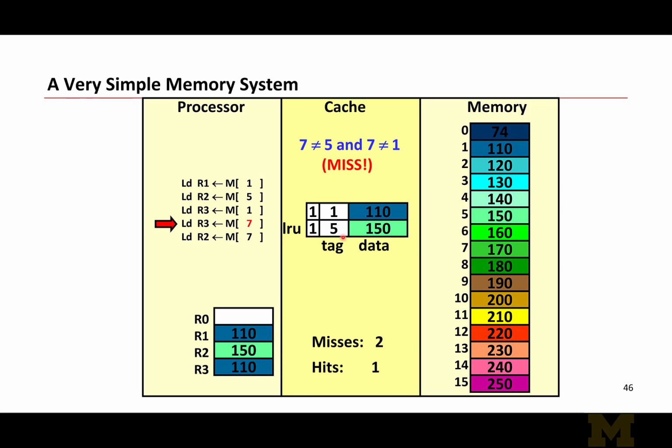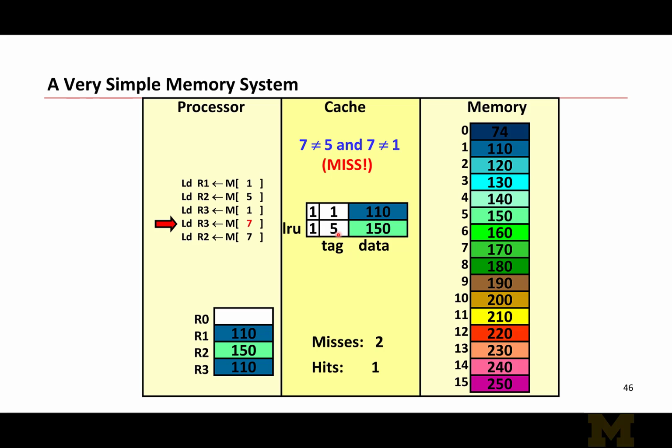So it happens to be the case that 5 is the least recently used cache line. So if you go back in time, you will see that 1, I just used it, so that is not the least recently used cache line. And if you go back, 5 happens to be older than 1, and therefore that must be evicted.